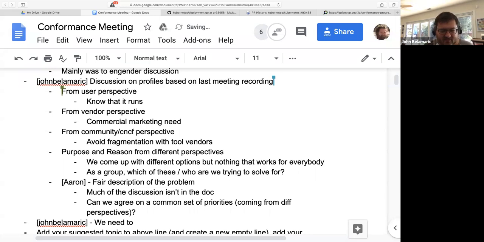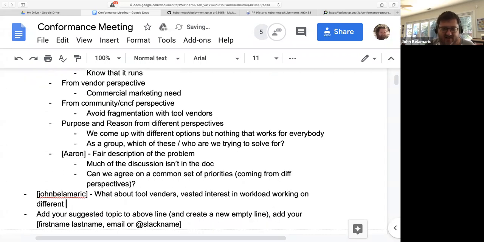You mentioned, I think somebody asked about the vendors, I don't remember who it was, I think it was Walter, what about those tool vendors, the people delivering these workloads? They have this vested interest of wanting their workload to work on all the different Kubernetes providers, and how can they validate that?